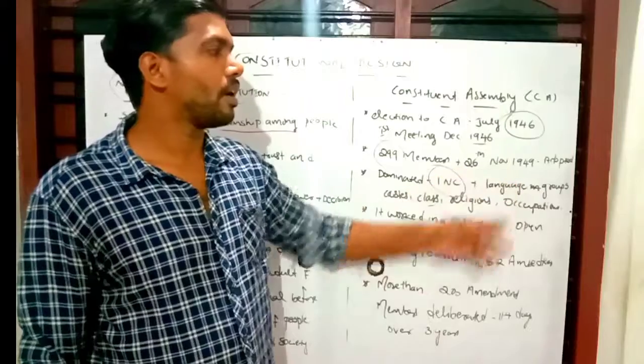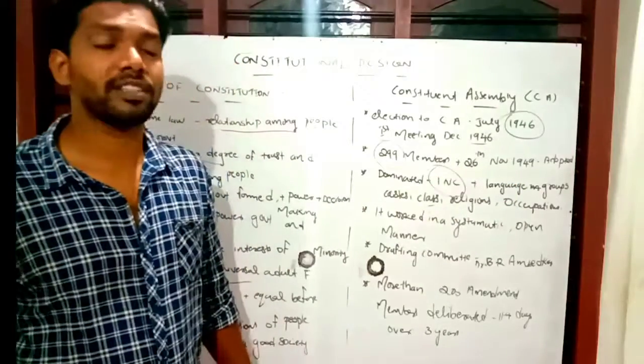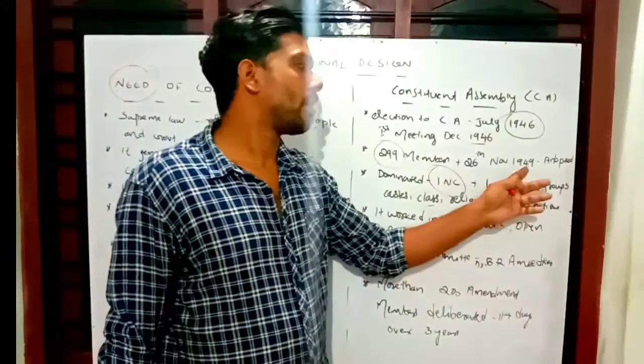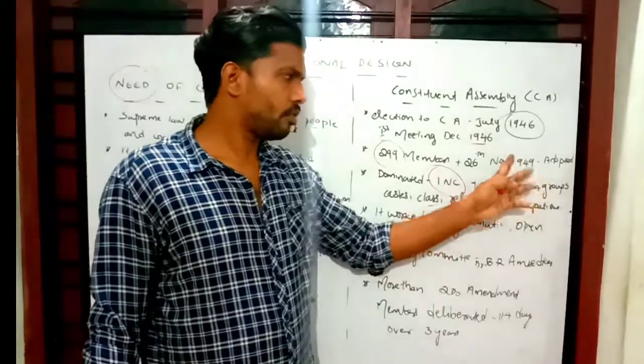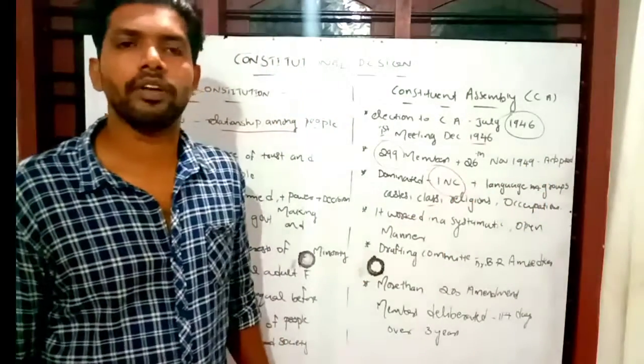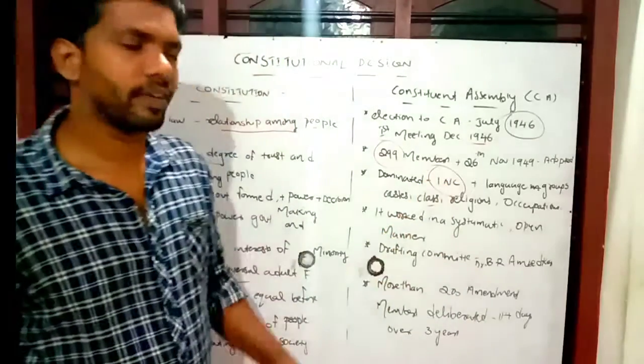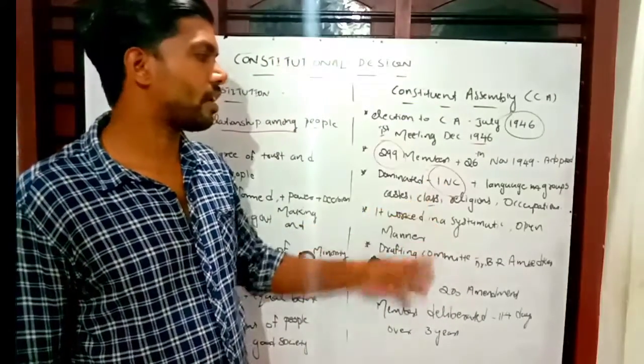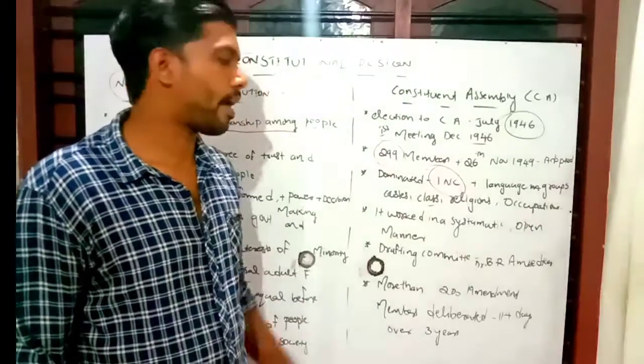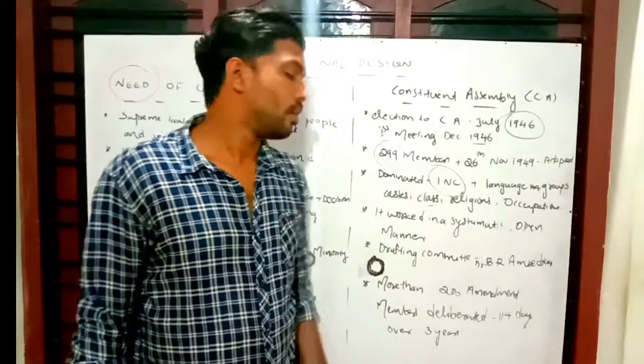On 26 November 1949 it was adopted, but officially launched on January 26. It was dominated by Indian National Congress members, with different linguistic groups, castes, classes, religious and occupational groups, and it worked in a systematic and open manner.